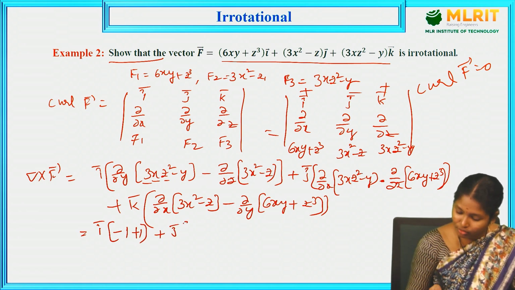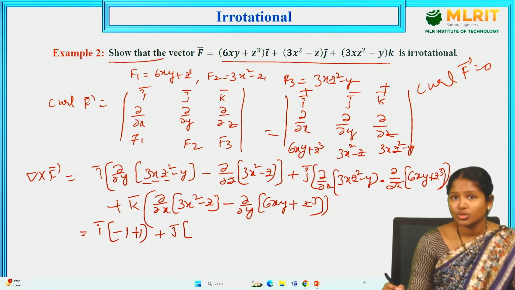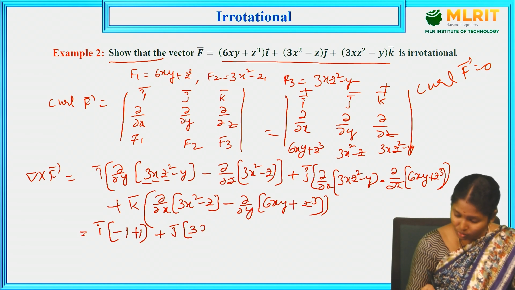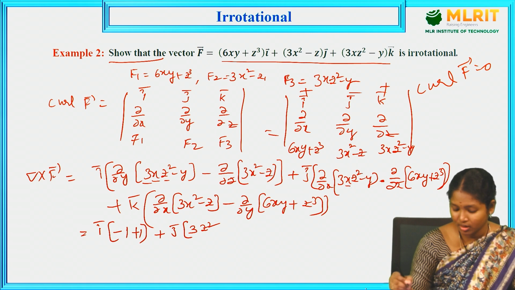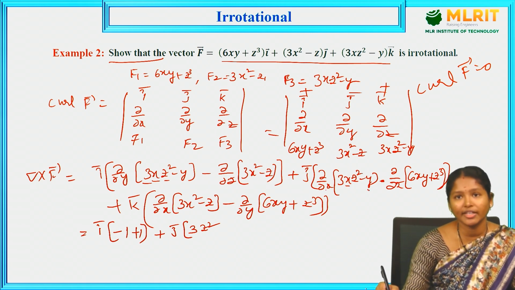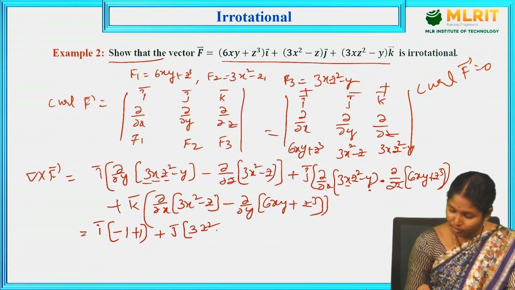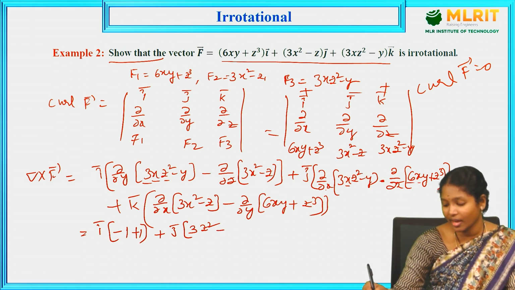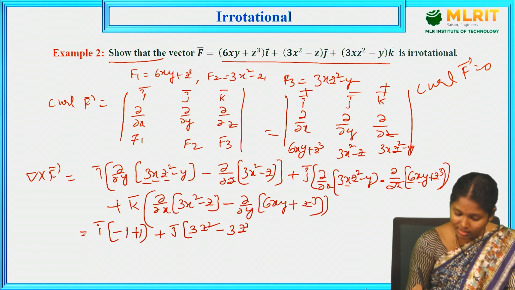Plus j bar into: with respect to x we are differentiating, so we will get 3z square, 3 is constant, z square is constant, x derivative is 1. So with respect to x we are differentiating, y is constant, derivative is 0. So minus, here with respect to z we are differentiating, 6xy, 3 values are constant, so constant derivative is 0, z cube derivative is 3z square.